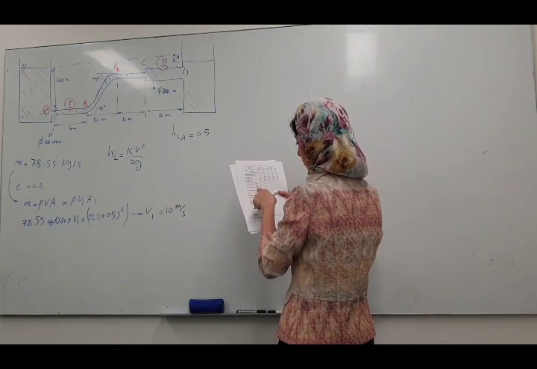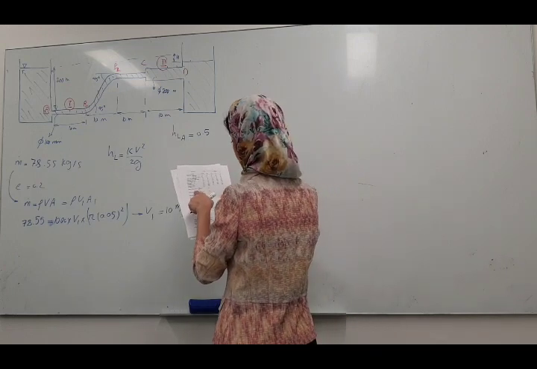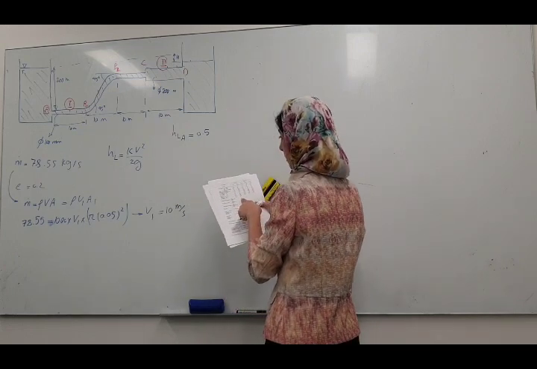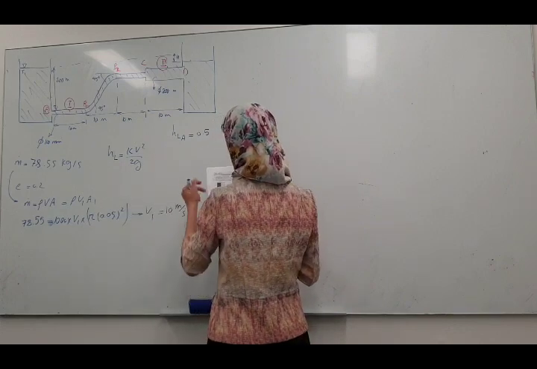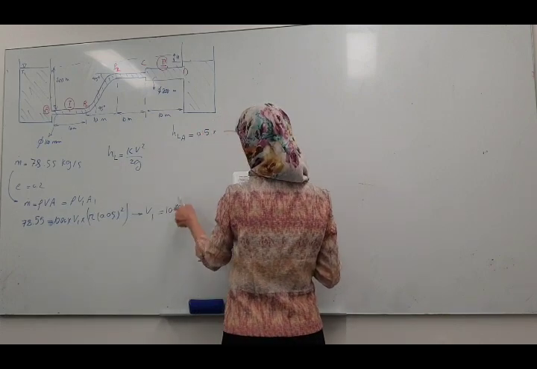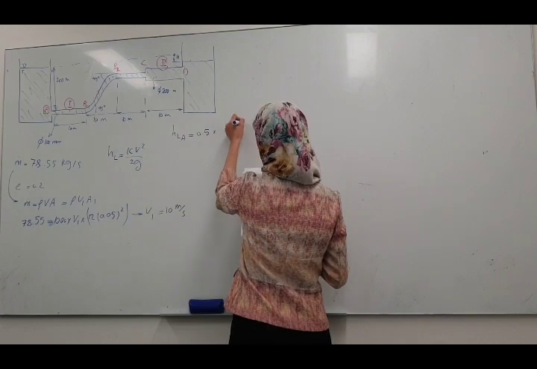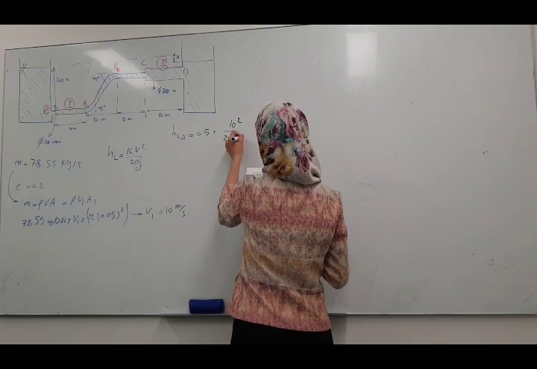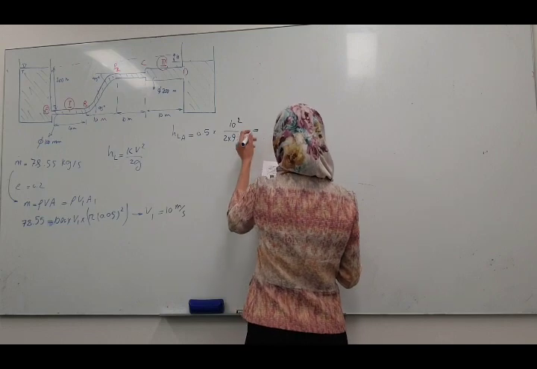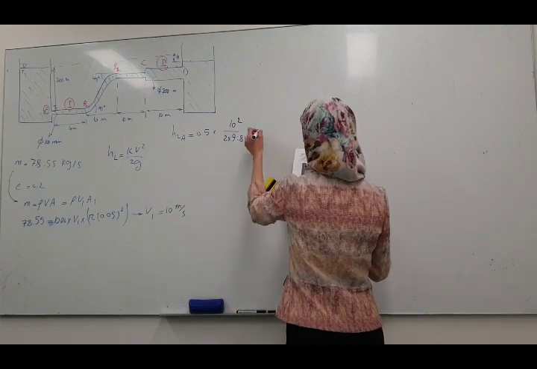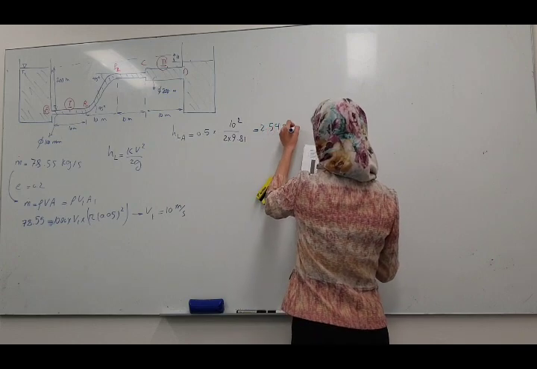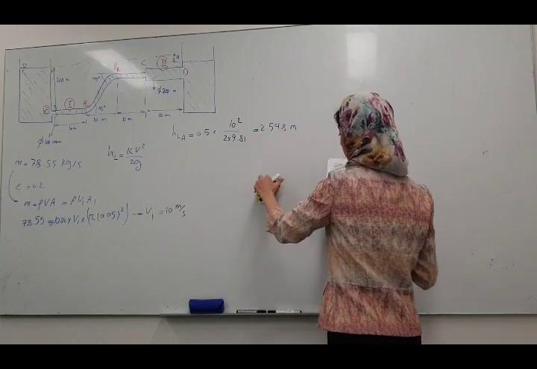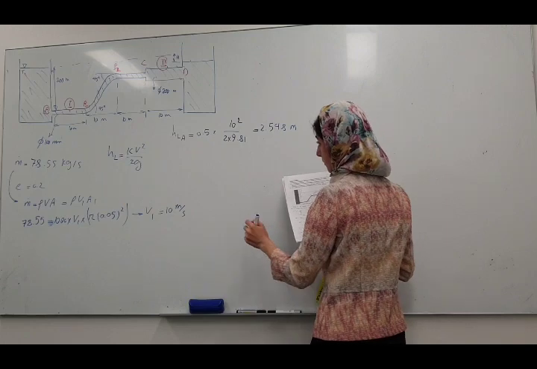But it's important to look at the type of entrance. The entrance here is the square-edged entrance, so the K factor will be about 0.5. If you replace this value, 0.5, times V squared, which we just found, divided by 2 times the gravity, 9.81, HL will be about 2.458 meters. Just keep in mind it should be at least four significant figures.